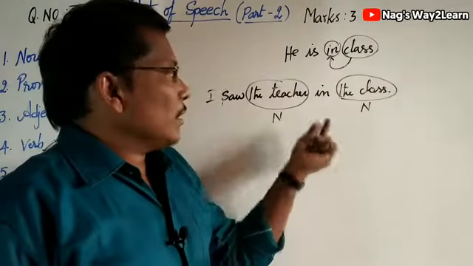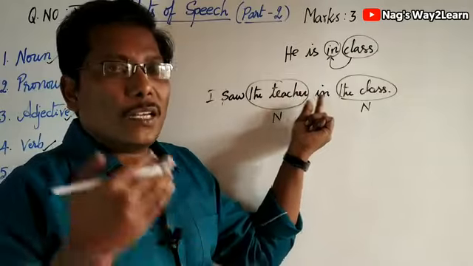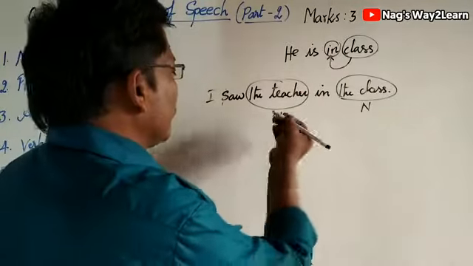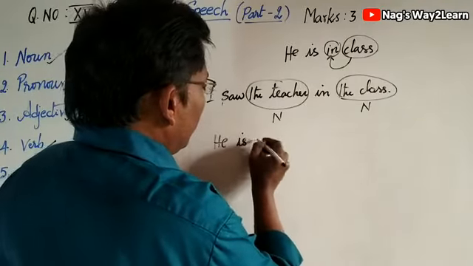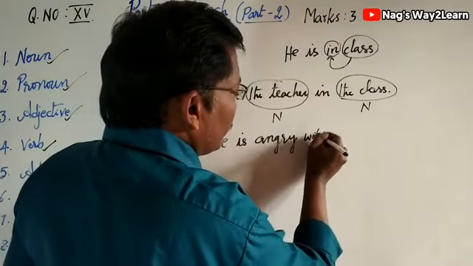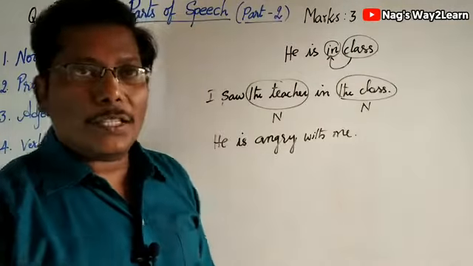In this way, the preposition shows the relation of a noun or a pronoun with another noun or pronoun. This is one example. And you look at this sentence, he is angry with me. He is angry with me.